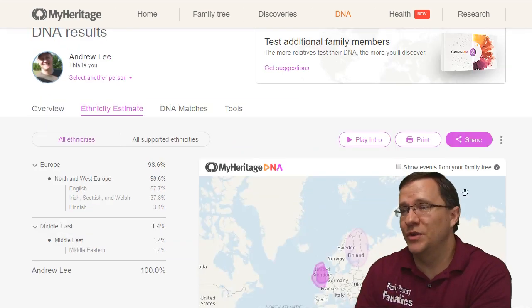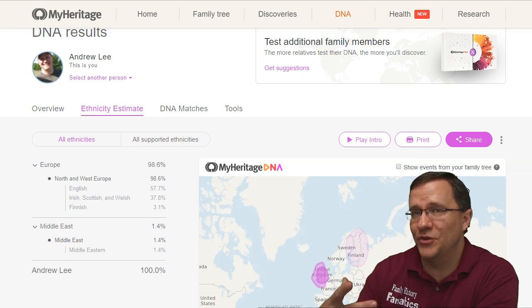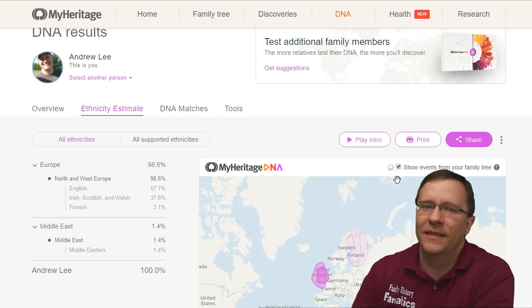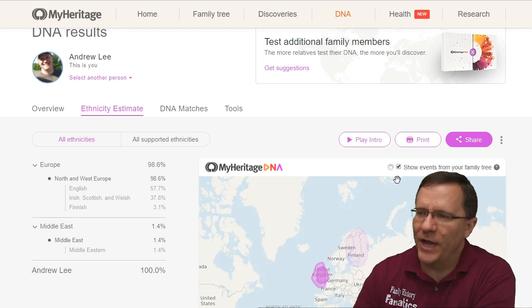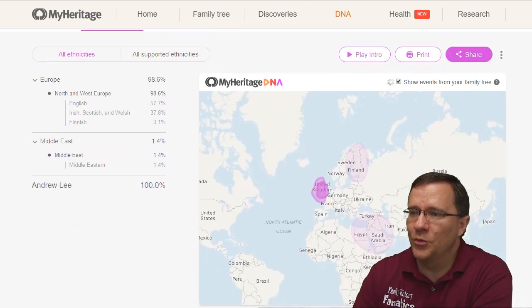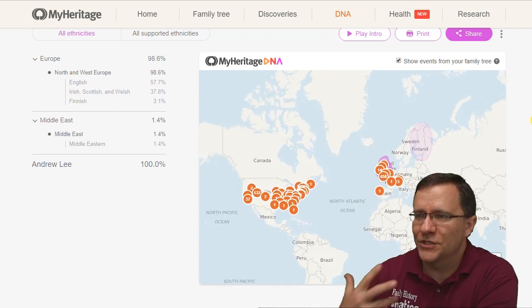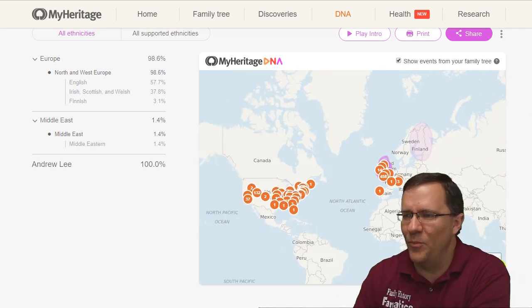Now the next thing that you can do is if you have a family tree already on MyHeritage, then by clicking on the little checkbox right above the map, it's going to go through your family tree and plot out where certain events and certain people may be.